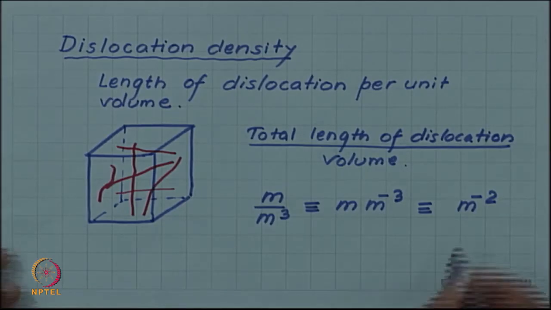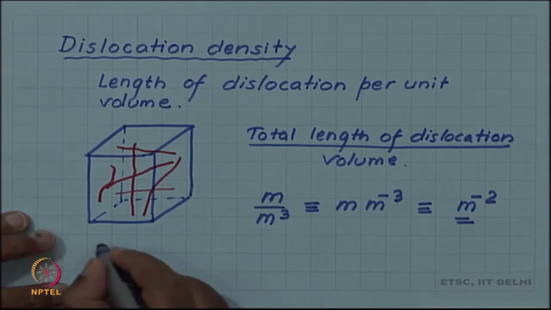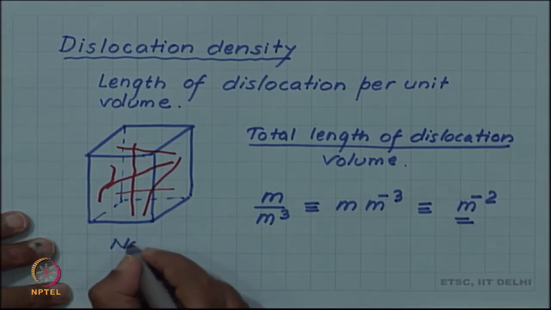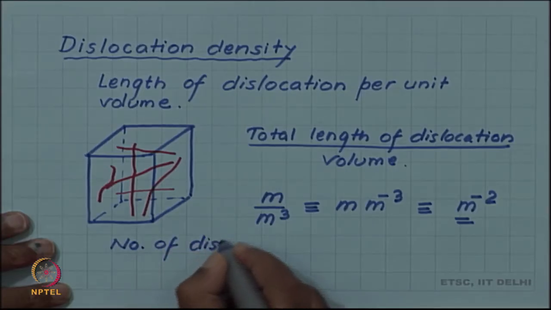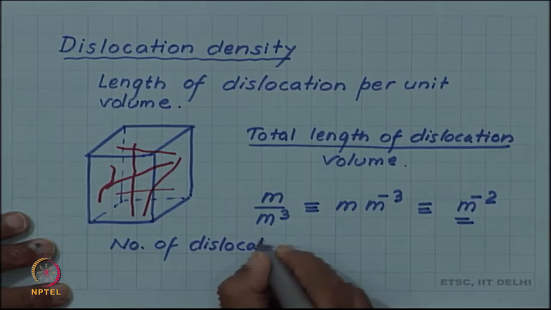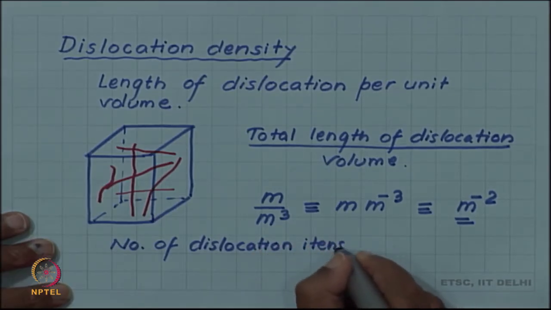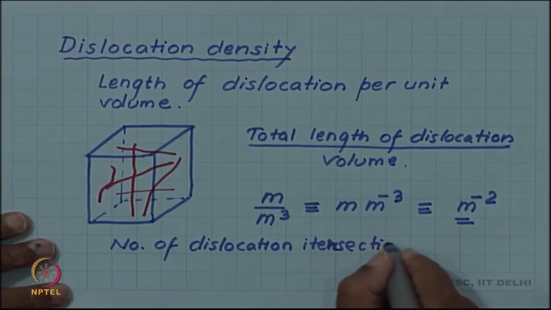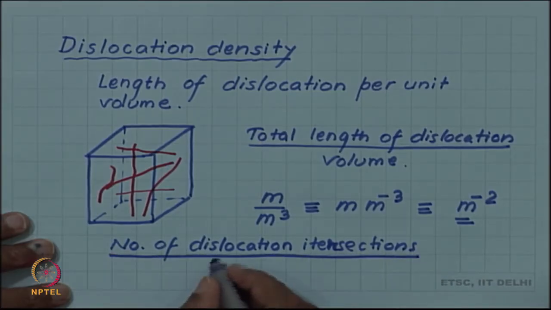But there is another interpretation of this per meter square, that other way of defining the dislocation density is number of dislocation intersections per unit area on a test surface.